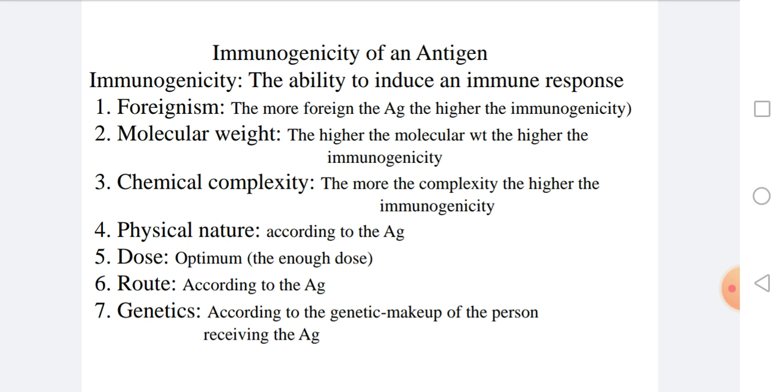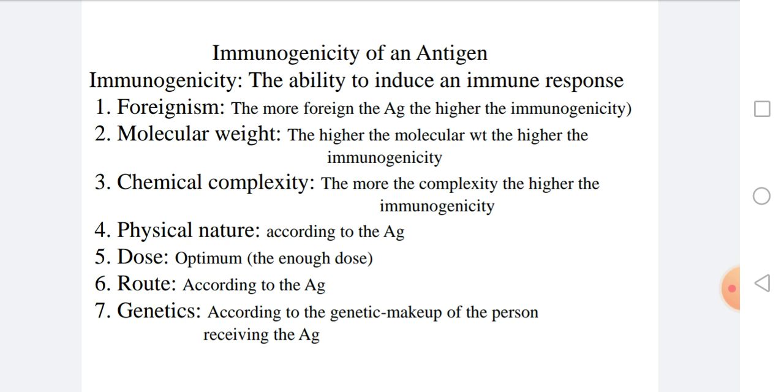Six, the route, also according to the characteristics of the antigen. Some of the antigens may give high immune response, high immunogenicity through the oral route. Others may give high immunogenicity through the intradermal route.